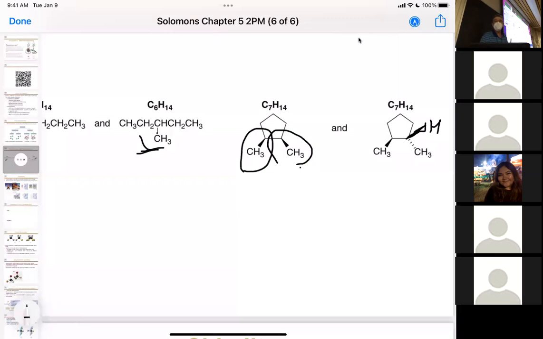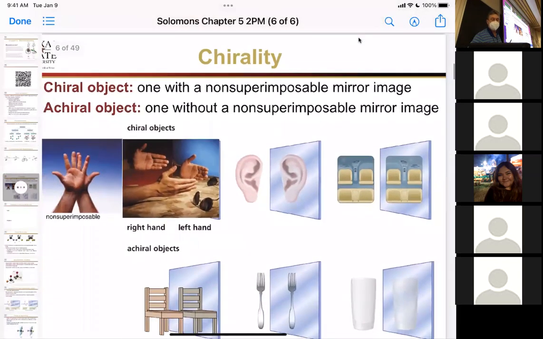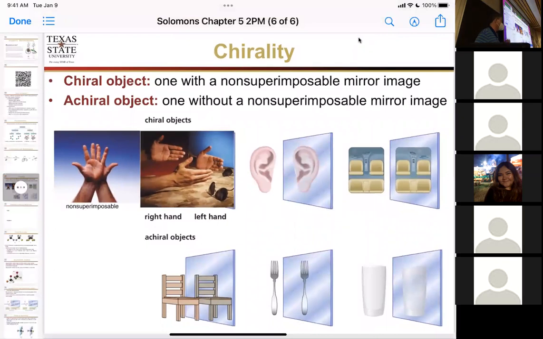So how can we tell the difference between our stereoisomers? Well, the first thing we need to think about is we have a name for it. We call them chiral. There's a lot of different names, and I'll show you a list on the next slide. Chiral comes from the Latin for hand.